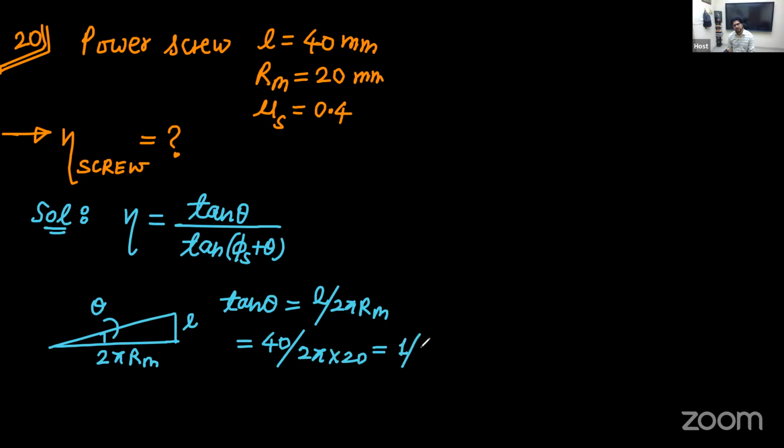So this becomes simply 1 upon pi, and tan inverse of that is 17.6568 degrees. So theta is now known.